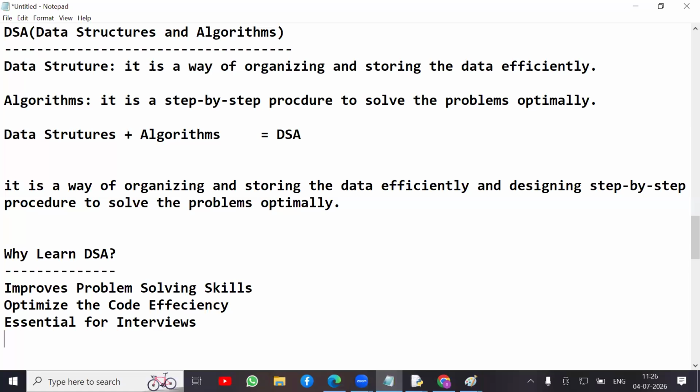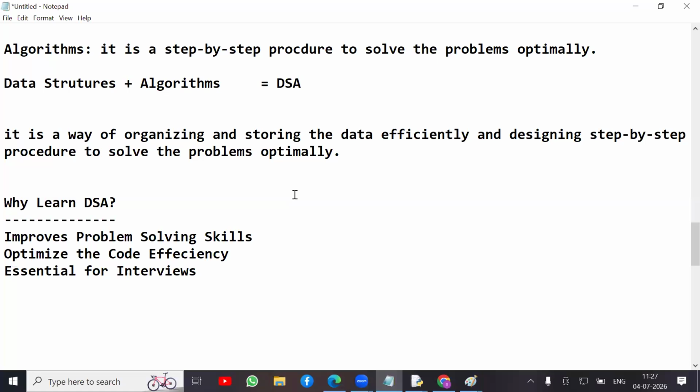If your dream is to get a job in product-based companies like Google, Meta, Amazon, Apple, Netflix, compulsory we need DSA concepts. Essential for interviews. Most product-based companies ask DSA problems in the technical round.